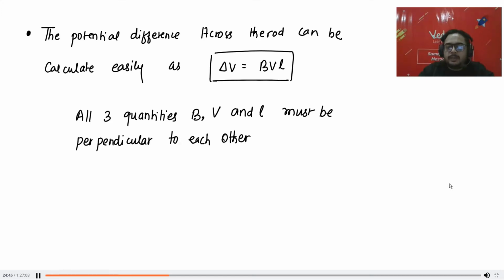Just remember this. If you can take all three mutually perpendicular components, then you can simply multiply the perpendicular components B, V, L, and you'll get the potential difference. How? Let me give you a very simple example on it so that it becomes a little bit clear.